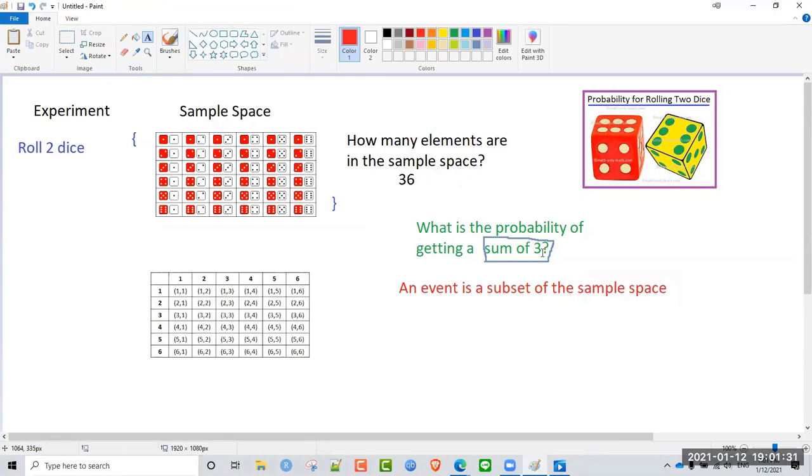So let's identify which part of the sample space it is. Is 1, 1 in it? No, that doesn't sum up to 3. How about this? No. No. No. Maybe there's nothing in here that sums to 3.